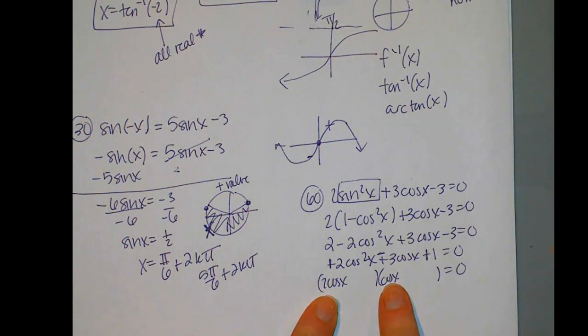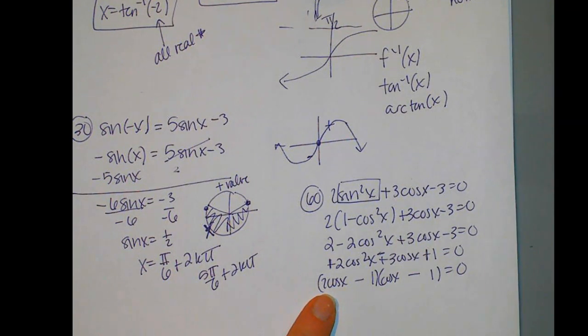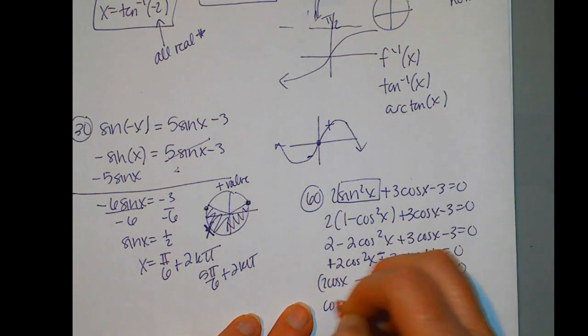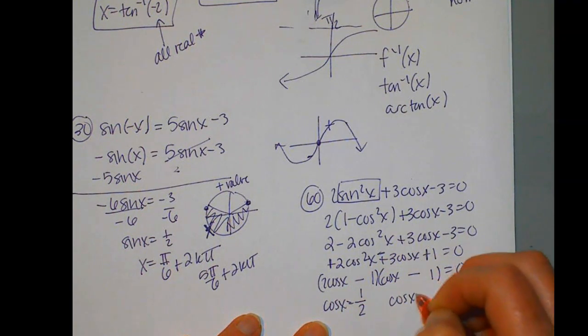That makes 2 cosine of x squared. 1 is 1 and 1, that's it, right? They're the same sign. They're opposite signs. I didn't really have to think about factoring this at all if you can just pull the rules out of your Algebra 2 hat. So cosine of x equals positive 1 over 2. Cosine of x equals 1.